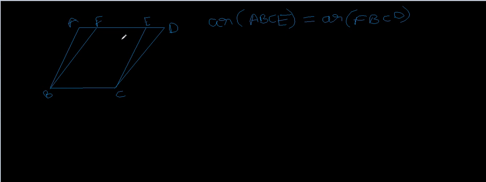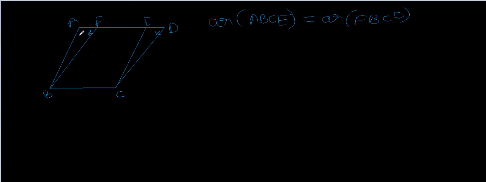Now let's prove this statement. If I assume this angle AFB to be x, then this angle EDC would also be x, because angle AFB and angle EDC are corresponding angles between the parallel lines BF and CD, and the transversal is FD.